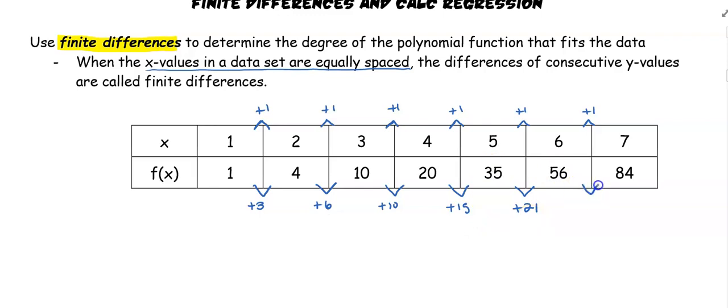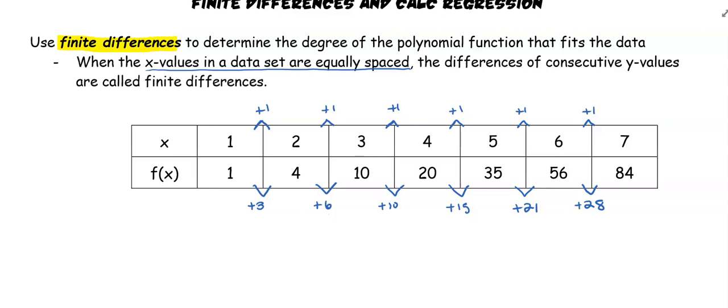So those differences are found that way. 84 minus 56 is going to give us 28. What we're looking for is all of these differences to be the same. If they're not the same, then we need to move on.